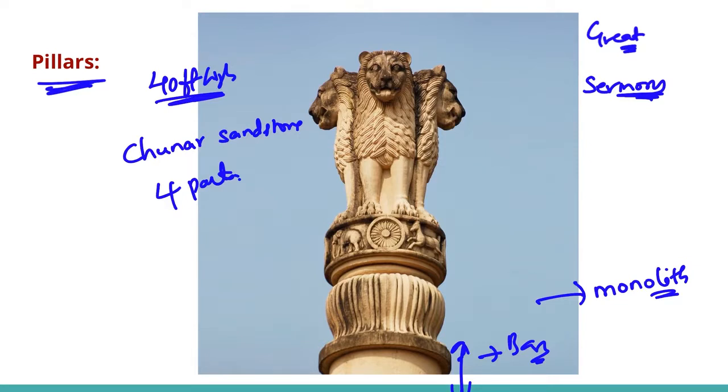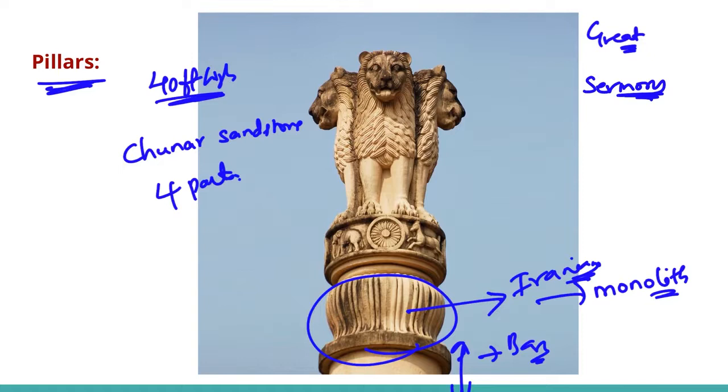On the top of it lay the capital, which was either lotus shaped or bell shaped. Bell shaped capitals were influenced by Iranian pillars, and the pillars had a highly polished and lustrous finish.